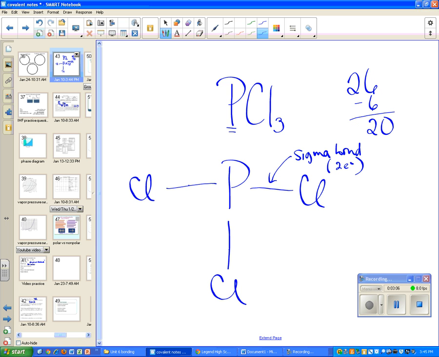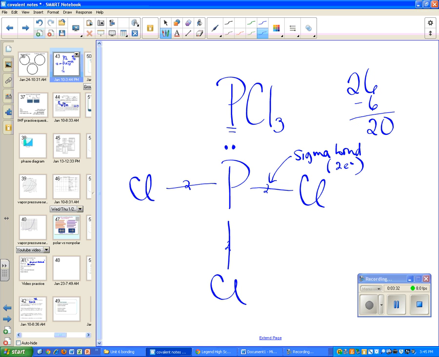Now, to decide how many more I need, most elements want to have a total of 8 electrons. I'm going to look at my central atom. It has 2, 2, and 2, so a total of 6 around it. So P has 2, 4, 6. It needs 2 more, so I'm going to draw those as lone pairs. Now it has 8.